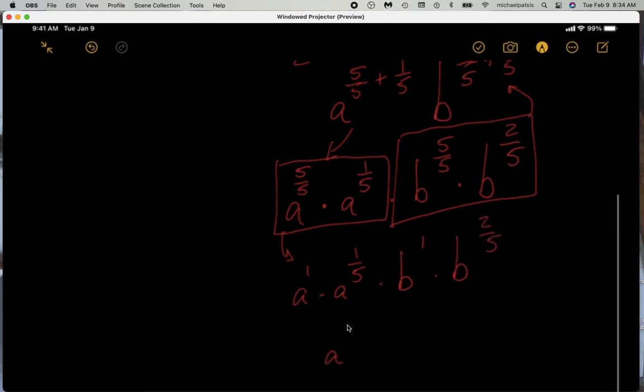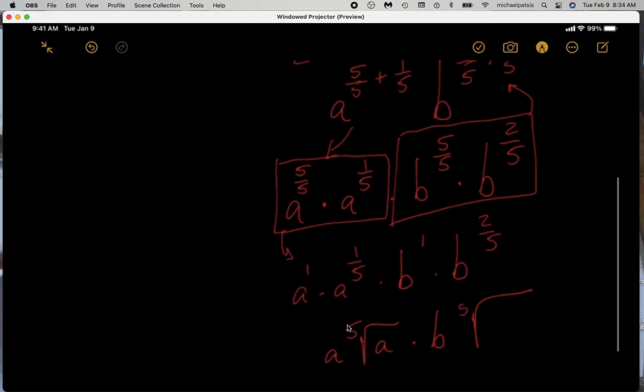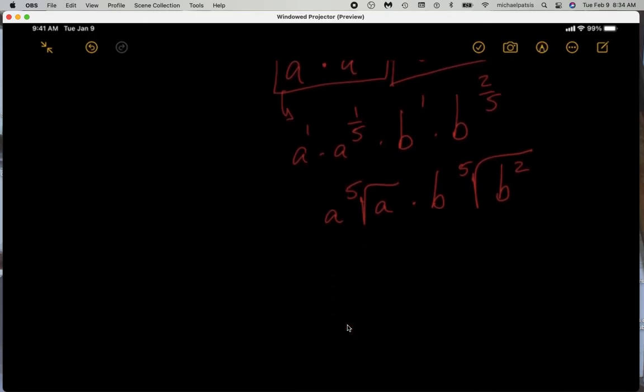It becomes a times 5th root of a times b times the 5th root of b squared, and this becomes a times b times 5th root of a times 5th root of b squared.